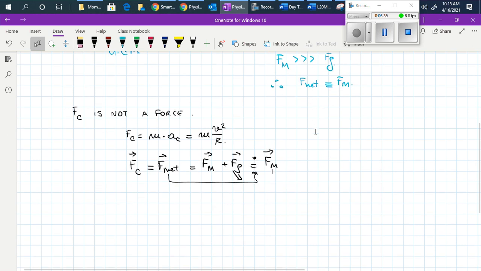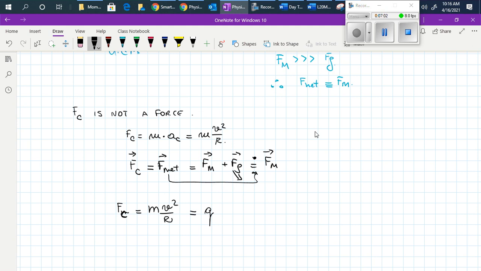So what we have now is that the centripetal force, which is now the net force, is always mv squared over r, or m a_c, and it is equal to the magnetic force, which we saw in the previous lesson is qvB.